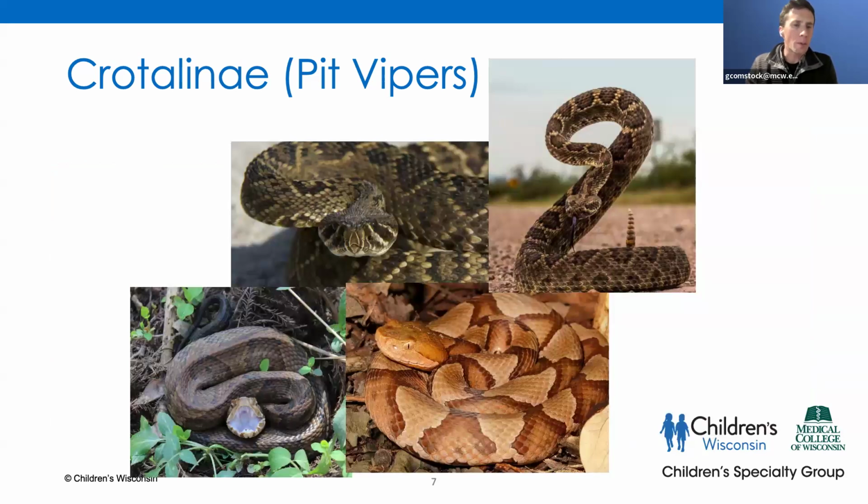A couple of representative examples of different pit vipers. On the top left is the Eastern Diamondback. On the top right is the Mojave rattlesnake, which has a couple of pretty interesting and unique features that we'll talk about a little bit later. And at the bottom are the non-rattlesnake members of the group.